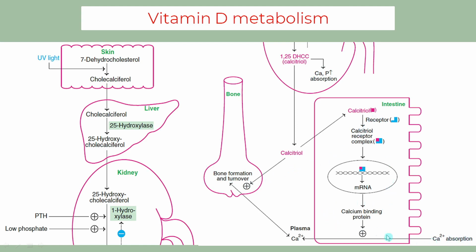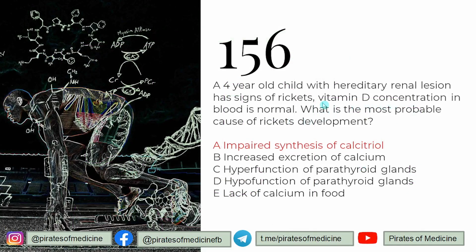So this function of vitamin D is carried out by 1,25-dihydroxycholecalciferol, also called calcitriol. So even though the person has a normal vitamin D concentration, here it is a disorder of impaired synthesis of calcitriol in the kidneys. So that is why even though vitamin D concentration is normal, this child suffers from rickets.